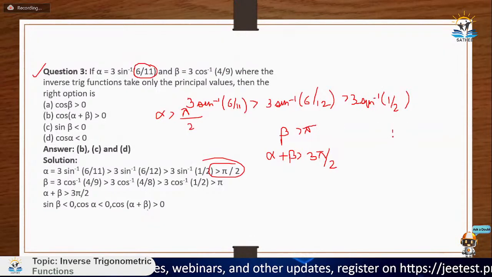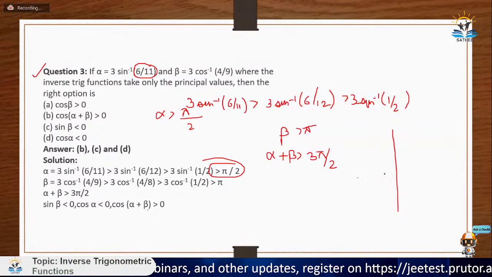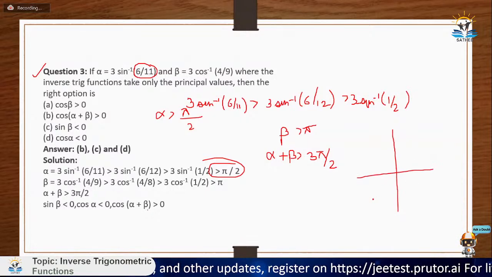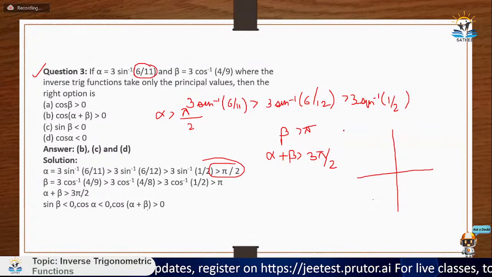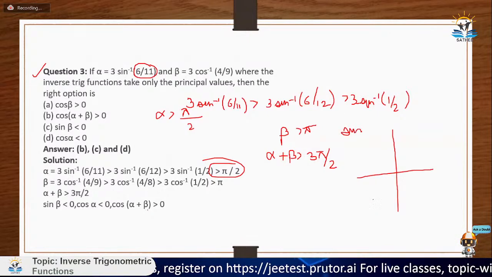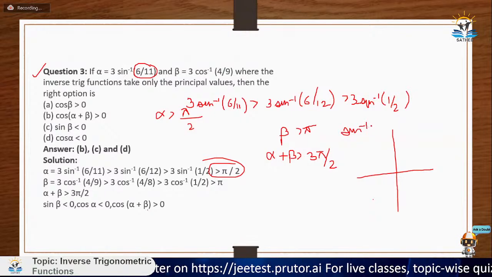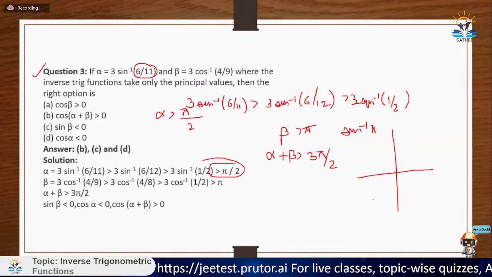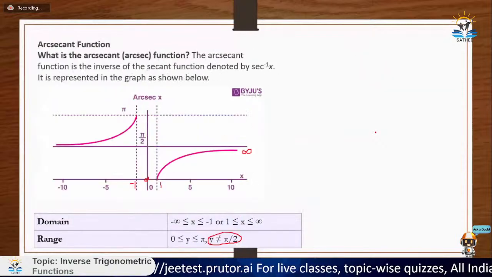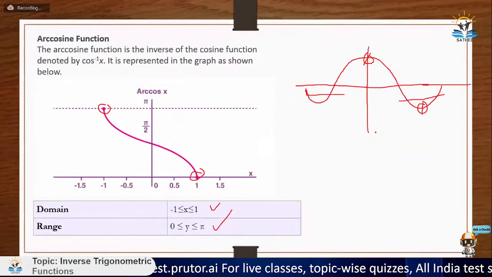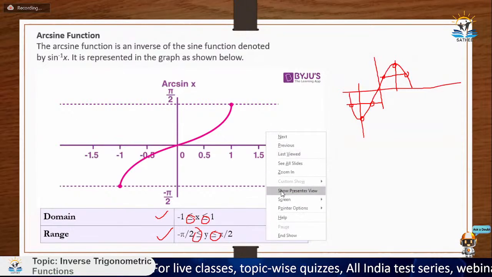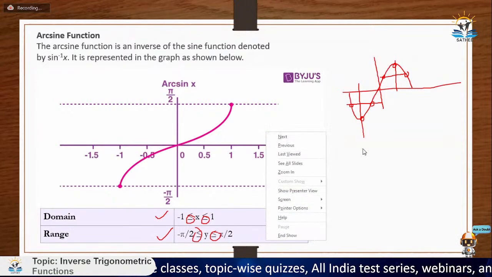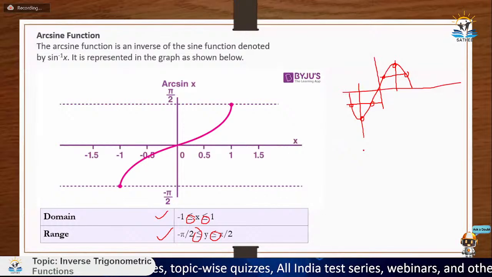One thing more, if you are unable to understand, you can draw a graph also. Graph of sine inverse x, as I told you. Or let me copy the graph, it would be easy for you. If I can, let me see. Okay, I can't copy the graph. No problem, let me draw it.